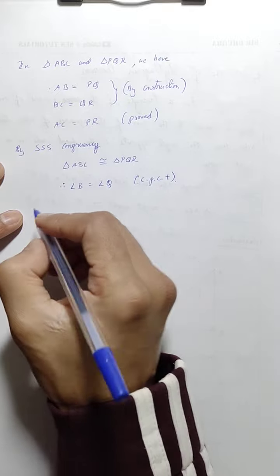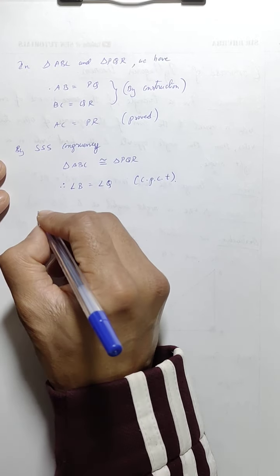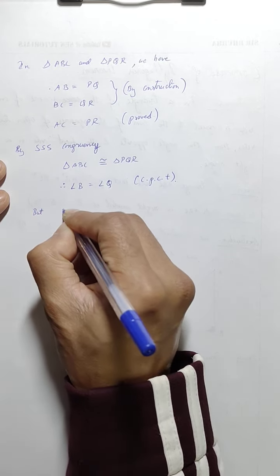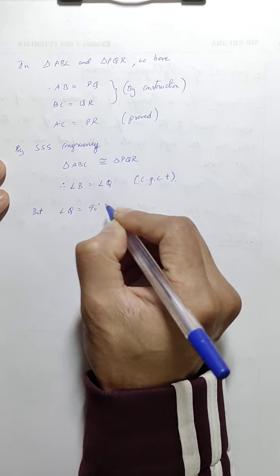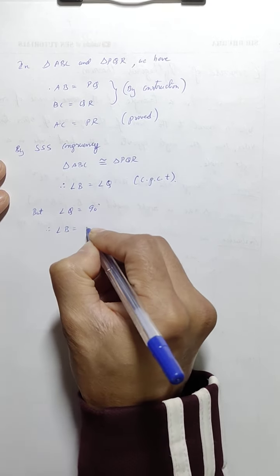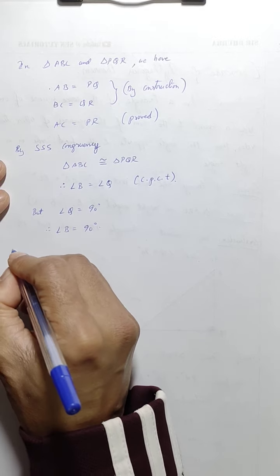But what did we assume? That angle Q is equal to 90 degrees. So therefore angle B is also equal to 90 degrees. That's it.